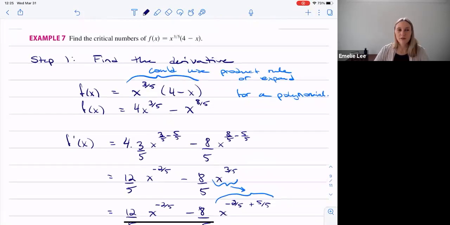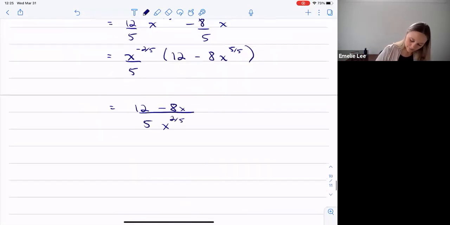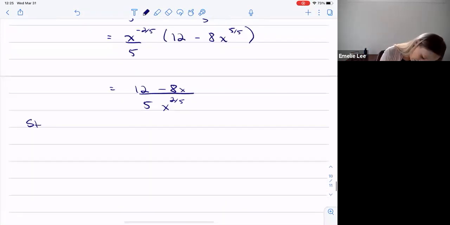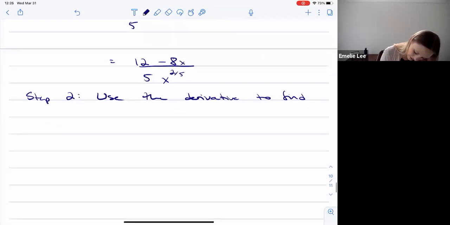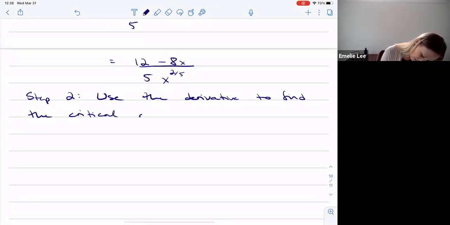That was finding the derivative, right? That's why we need to know how to find the derivatives. But now there's another step, right? Kind of application time. So step 2 is use the derivative to find the critical numbers.